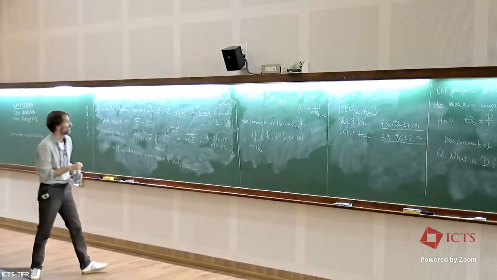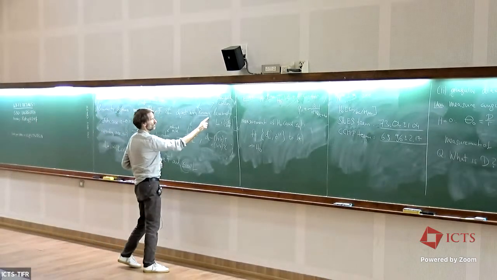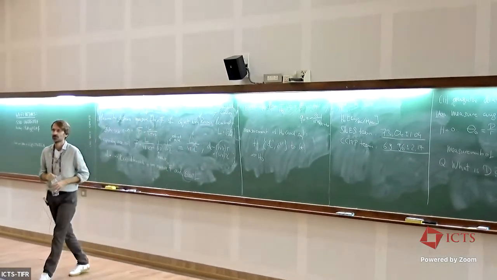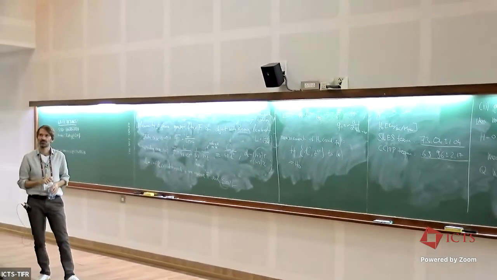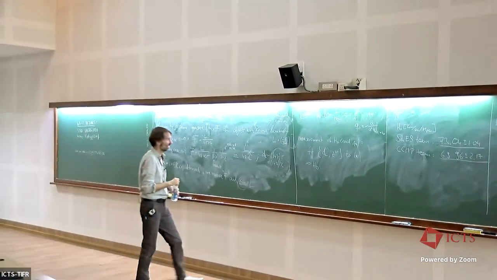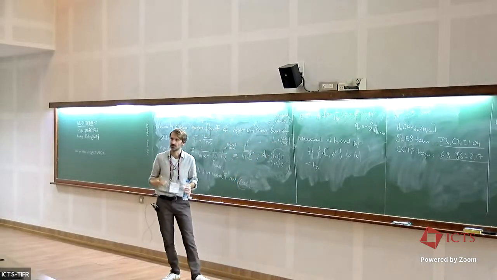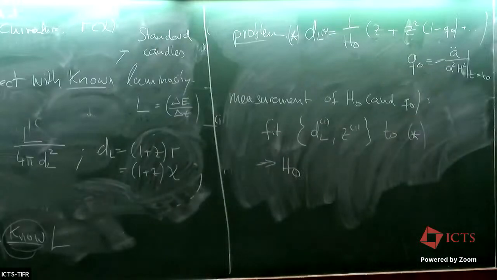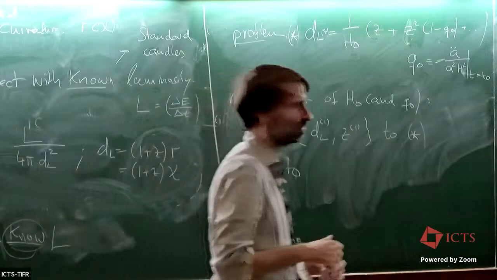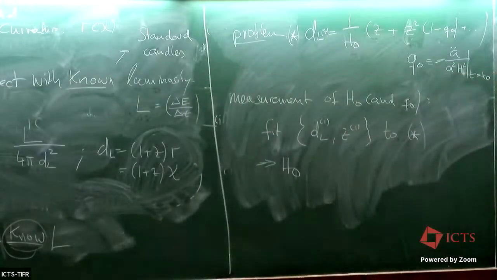And as I said, known luminosity is exactly the caveat here. It's a highly non-trivial thing to know the luminosity of type Ia supernovae, because you have to calibrate them first. And in order to calibrate them, you need the distance ladder.